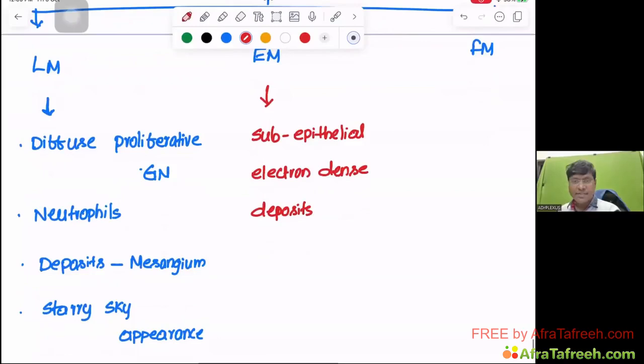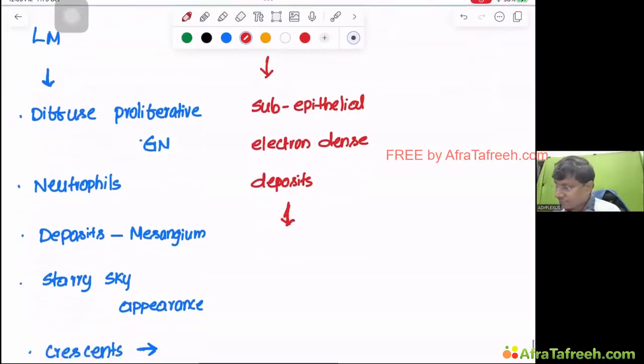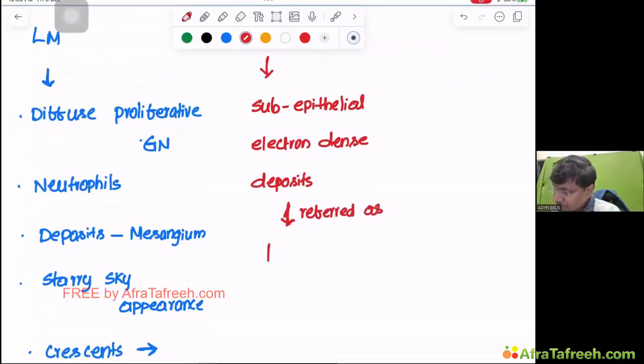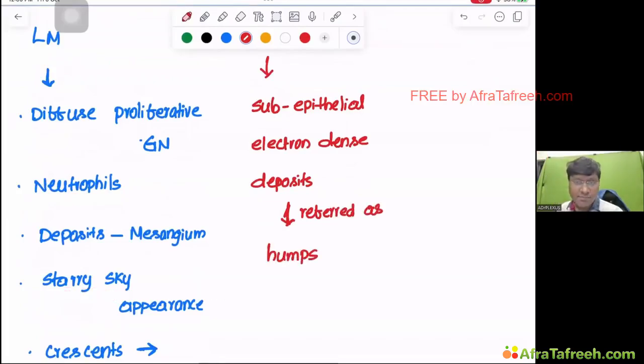Right, presence of subepithelial electron dense deposits, and these electron dense deposits are referred to as humps.